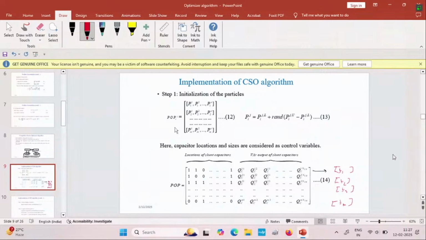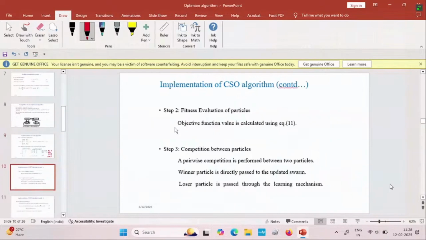This pairwise competition will be done for all of the population. When all of the fitness calculation is done, it will be stored for the next iteration, and again the same process will keep on repeating. The same is written over there also.